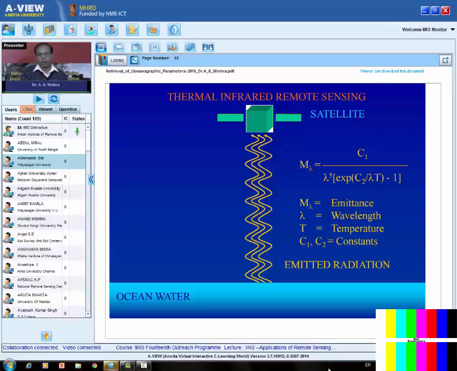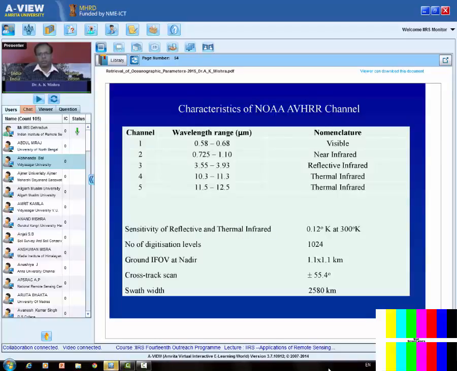Whether it is water or land, it depends on the emissivity factor, so you can get the temperature of the object. So I am giving you the characteristics of the NOAA AVHRR channel, advanced very high resolution radiometer, which normally has 5 bands operating in visible, near infrared, and reflective infrared, and 2 bands are in thermal infrared.